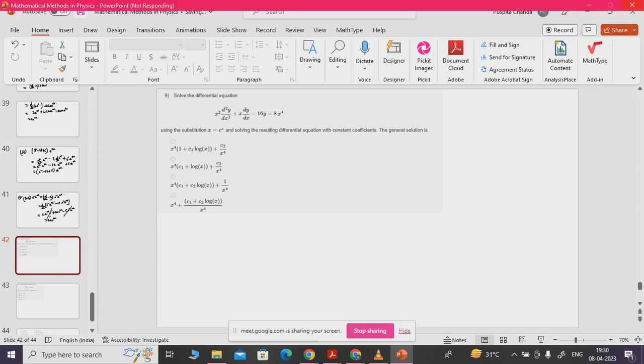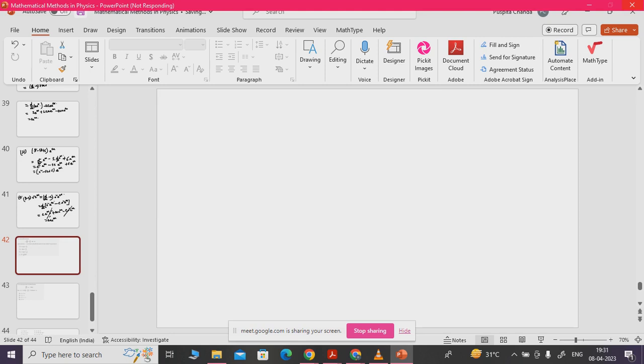The next question is: solve the differential equation using a substitution x equals e to the power z and solving the resulting differential equation with constant coefficients, to find the general solution. Here one thing you notice is that the coefficient of d2y by dx square is not a constant, it is x square.